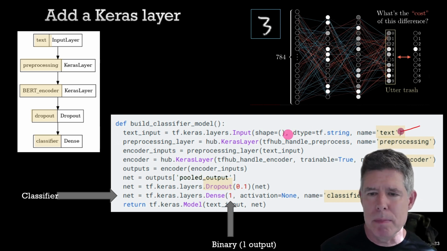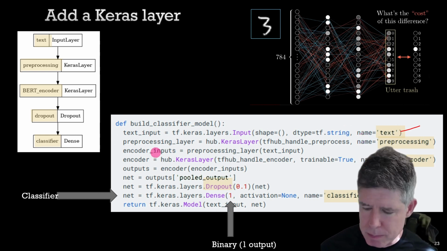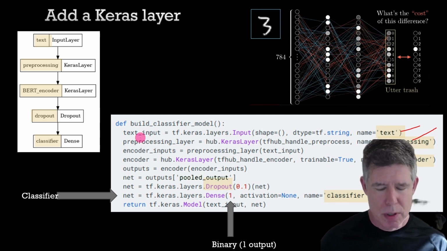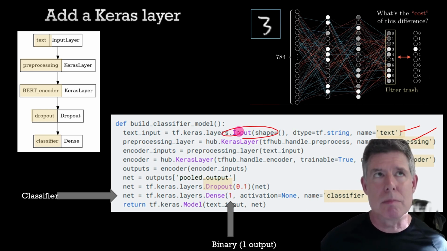There's an input layer that's going to take our text. So it's going to read whatever text we give it. Then there's a pre-processing layer that's required for BERT. And the output of the input layer, it's called text input, gets passed to this pre-processing layer.